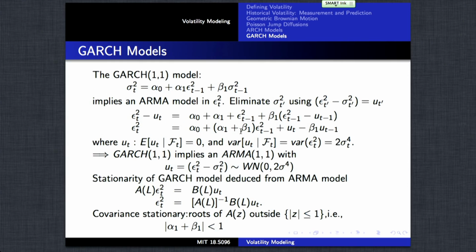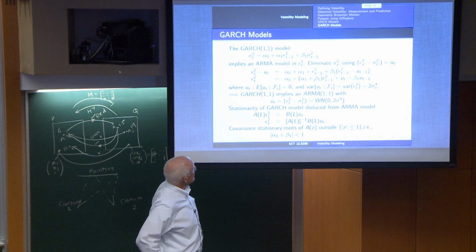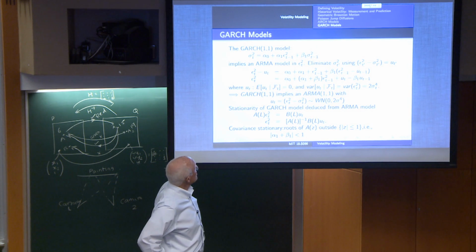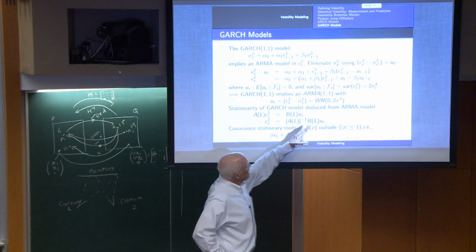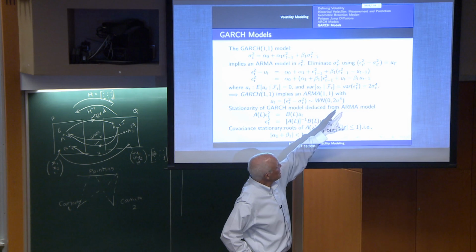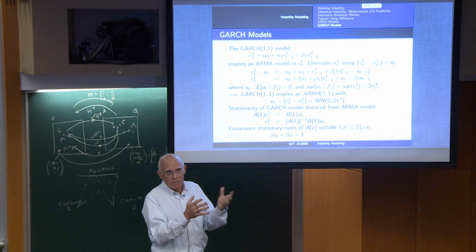One thing to note is that this GARCH 1,1 model does relate to an ARMA, an autoregressive moving average process, in the squared residuals. So if we look at the top line, which is the equation for the GARCH 1,1 model, consider eliminating sigma squared t by using a new innovation term, little u t, which is the difference between the squared residual and the true volatility given by the model.